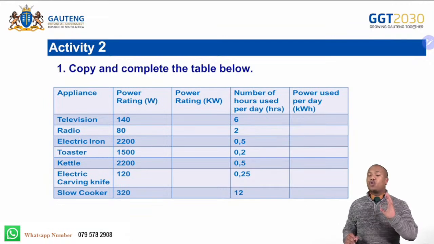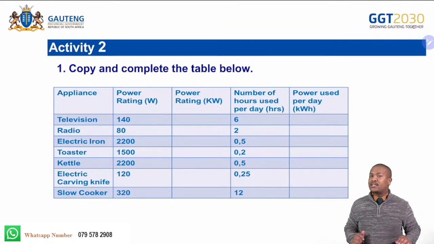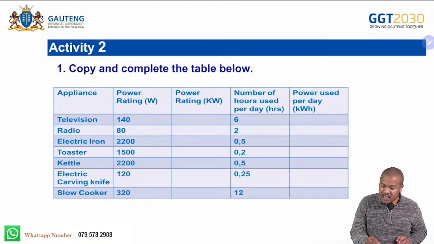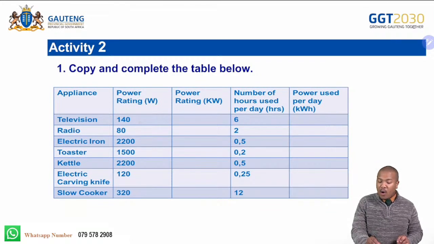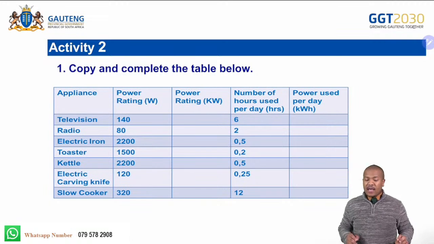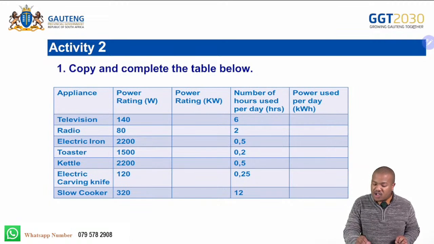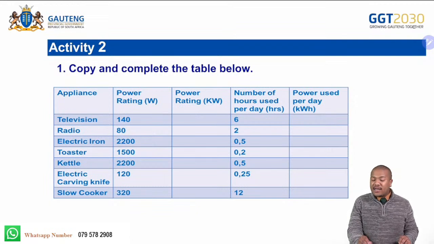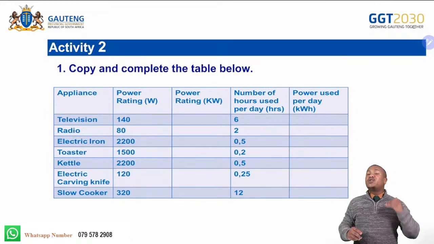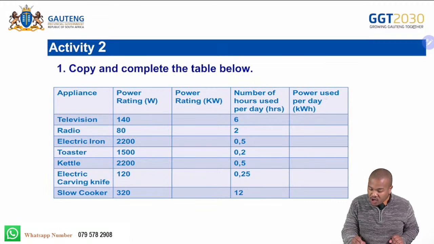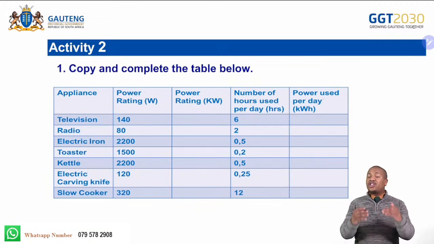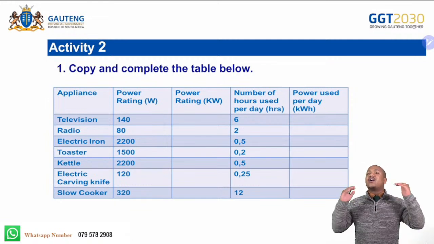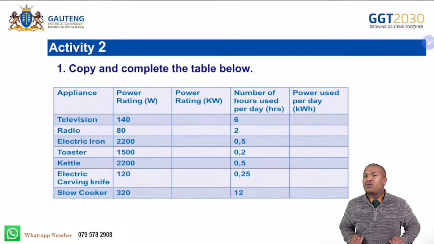So what you have to do is fill in the blanks. You're going to convert this power rating from watts to kilowatts. Then we also have the number of hours used per day. So after getting those kilowatts, you multiply by the number of hours. It will give you the power used per day for each appliance. Because you have to draw a table as well, let's take a quick 5 minutes to write down this activity.